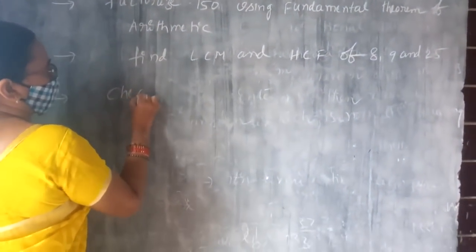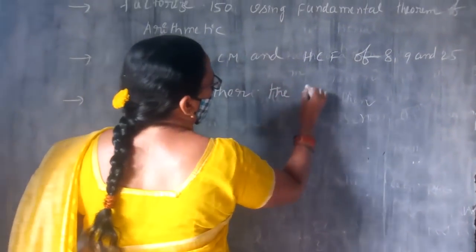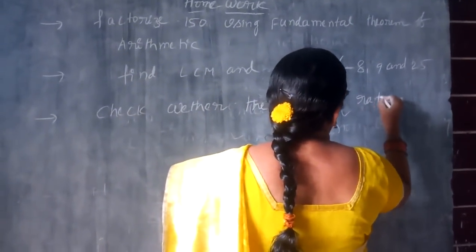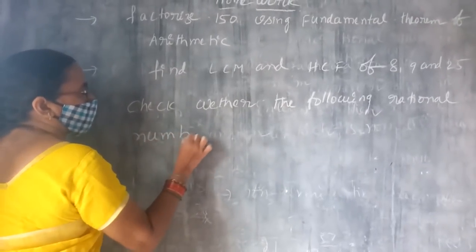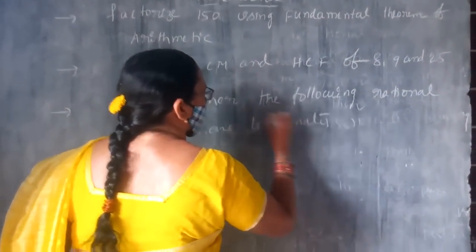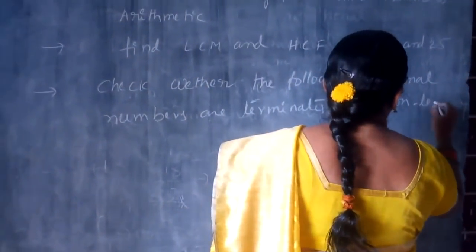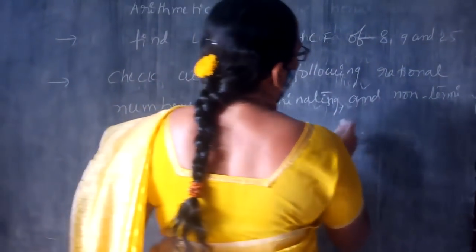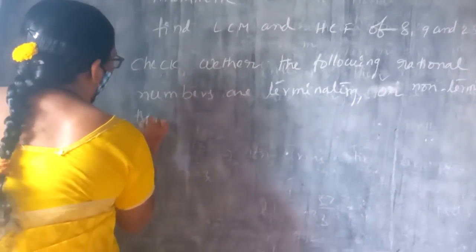Check whether the following rational numbers are terminating or non-terminating decimals.